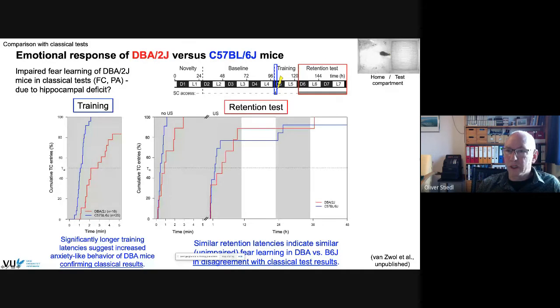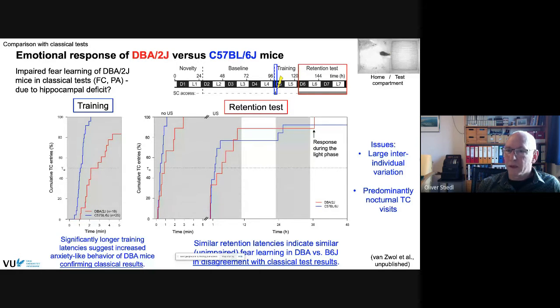And if we do the retention test under these conditions, the avoidance and everything is completely preserved, telling us that the interpretation that we have, that they are poor learners on aversive reinforcement levels, does not hold.